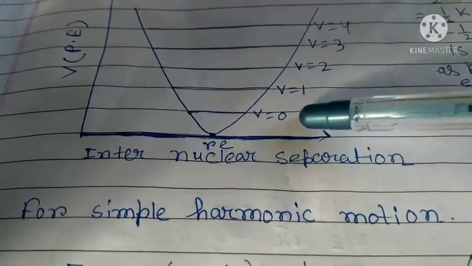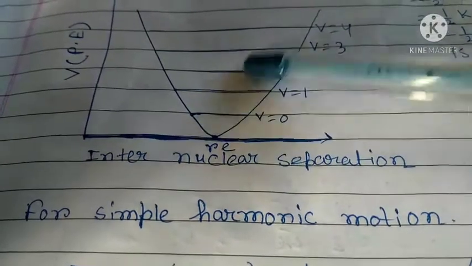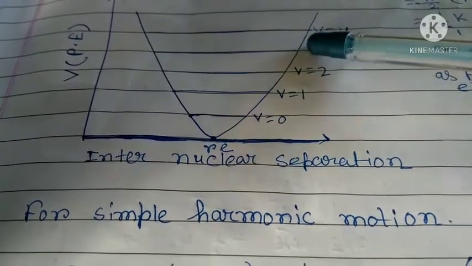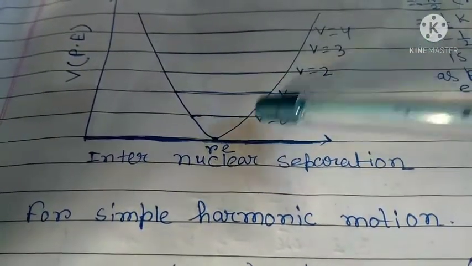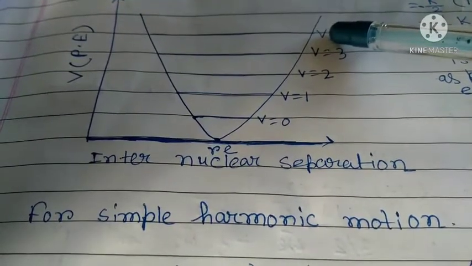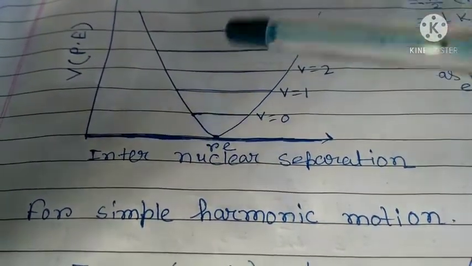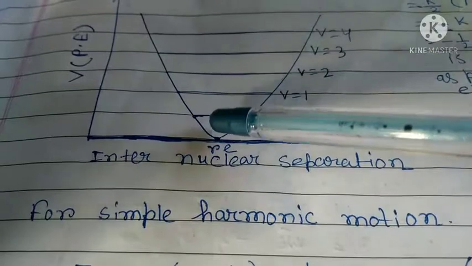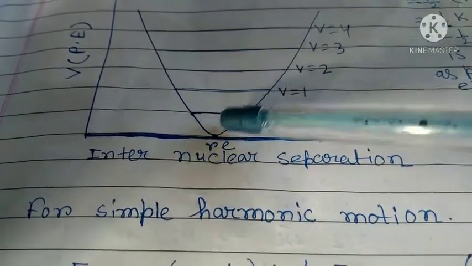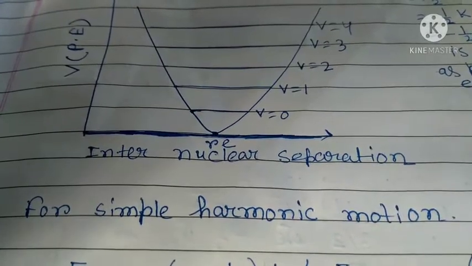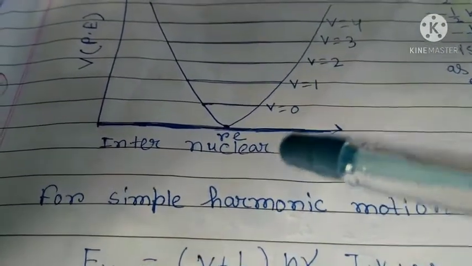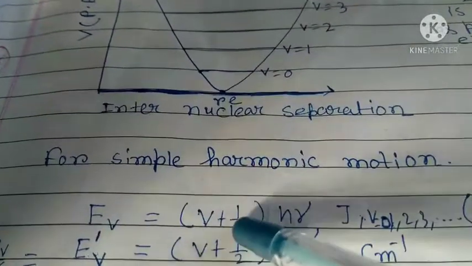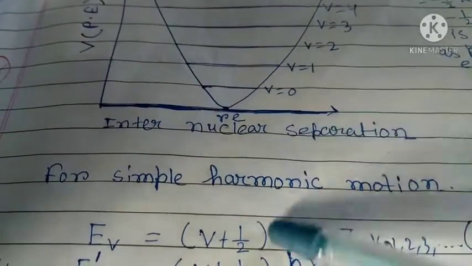So the whole potential well can be divided into discrete energy levels. It is assumed that for a simple harmonic oscillator these levels are equally spaced, meaning the energy difference between any two levels is the same. The expression of the energy for each level is V plus half h nu in joule.